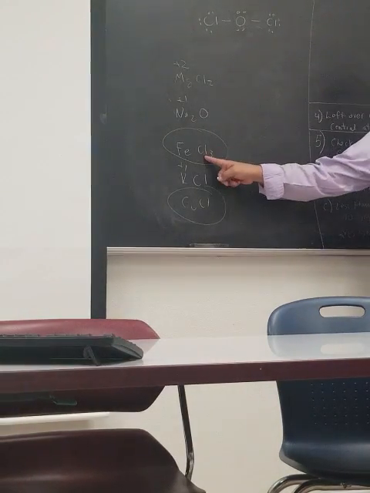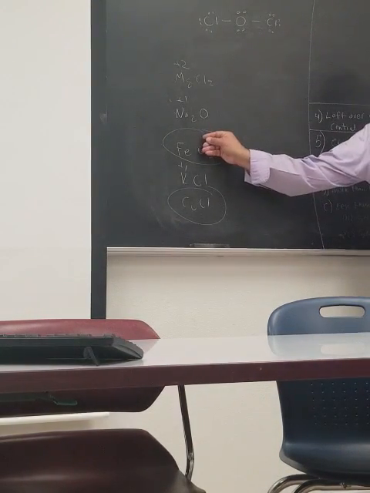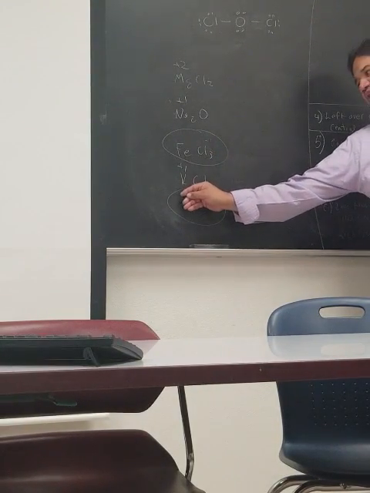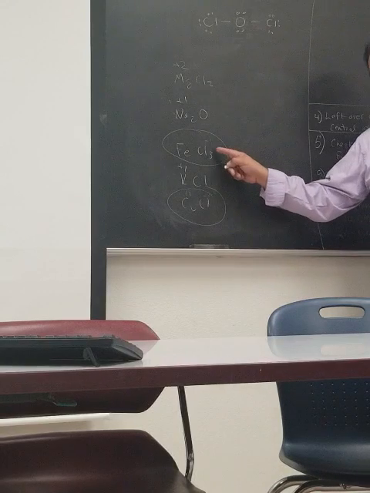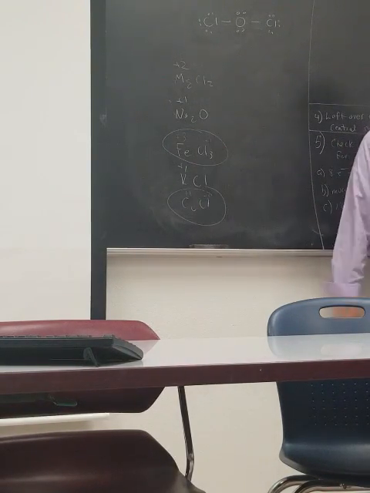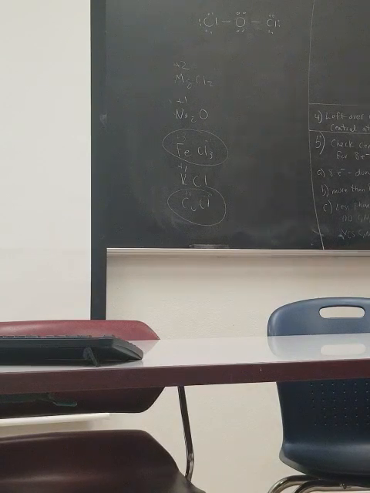What's the charge on Cl? -1. It's group 7, that's -1. To cancel -1, you need a positive 1. -1 times 3 is -3. To cancel -3, you need a positive 3. So FeCl3. What the heck?